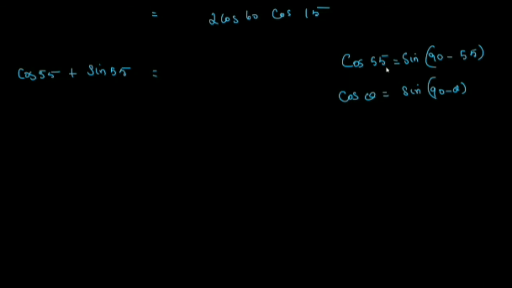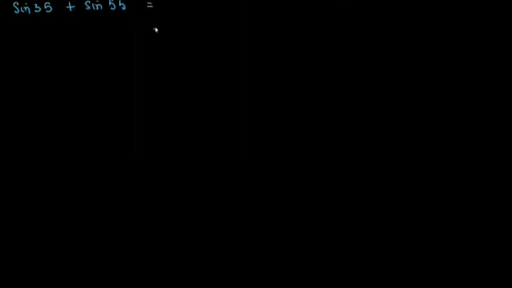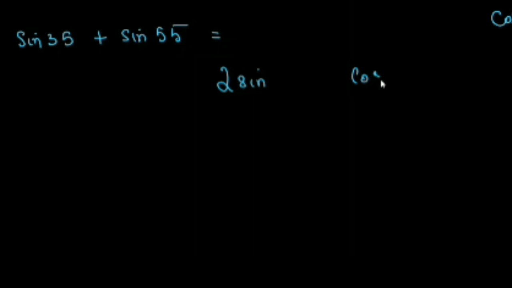So convert cos to sine or sine to cos, anything is okay. So cos 55 I am going to write as sine 90 minus 55. What is sine 90 minus 55? It is equal to sine 35. Okay, so I am going to write this as sine 35 plus sine 55. Sine plus sine is 2 sine cos.